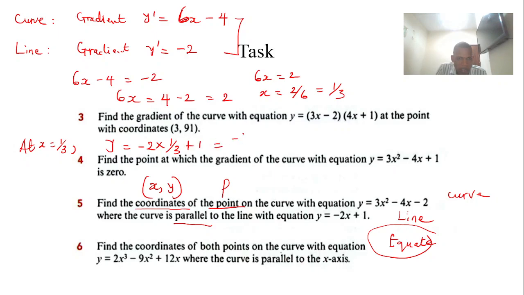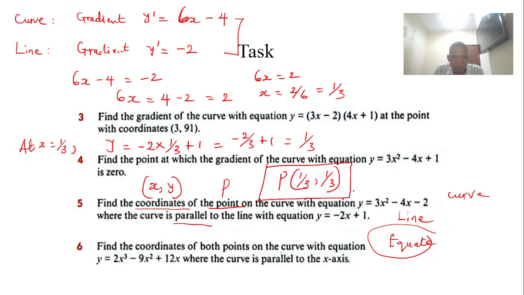So I have negative 2 over 3 plus 1. So the value of y is obviously 1 over 3. Now the final answer for that question, the point P, x must come first: 1 over 3, comma, what's my y? 1 over 3 again. Now this is the final answer, okay?